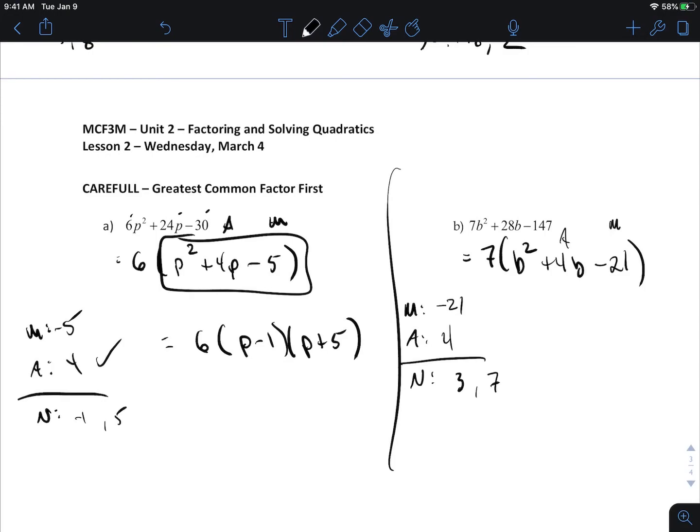That looks like it can add to 4 too. How am I going to make that work? 7 minus 3 gives me positive 4. That's it. That's all there is to it.